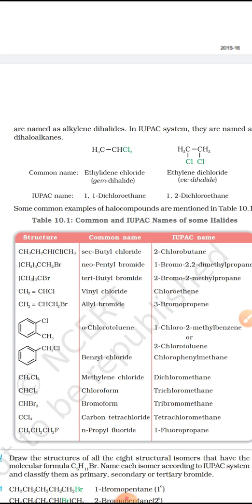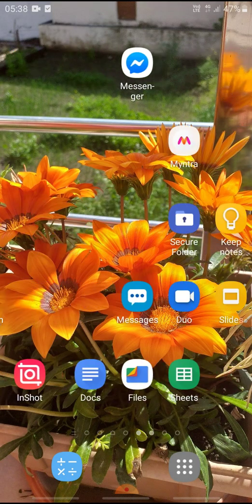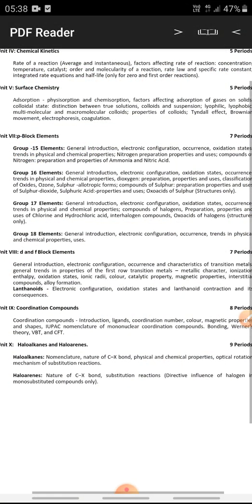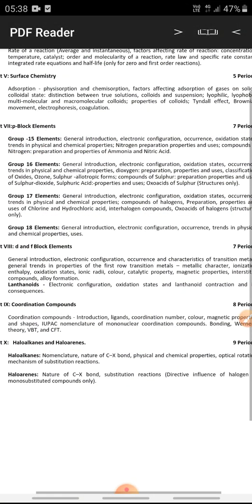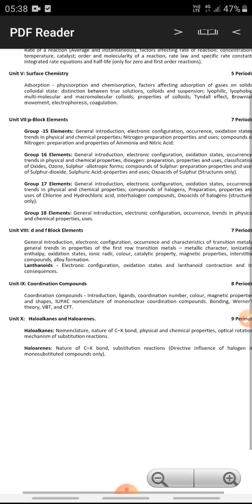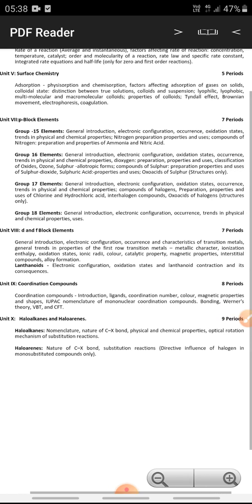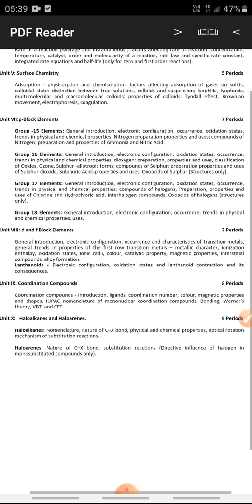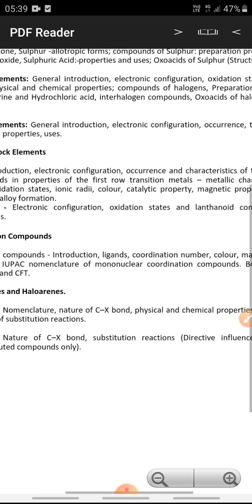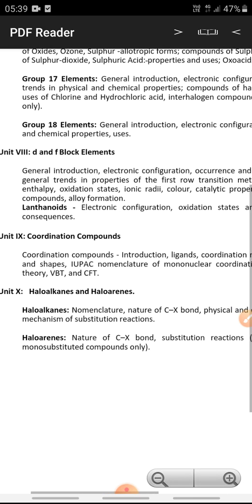If I show you the PDF of the syllabus given by CBSE for this year, in haloalkanes and haloarenes the topics that we have to study are nomenclature and nature of CX bond. Methods of preparation are not there, as you can see. After nature of CX bond, we have to study the physical and chemical properties, and then optical rotation and mechanism of substitution.